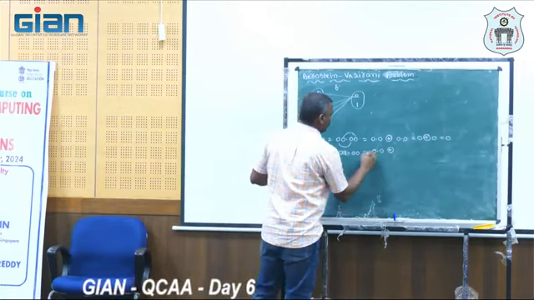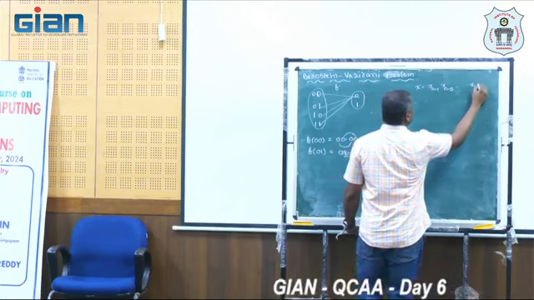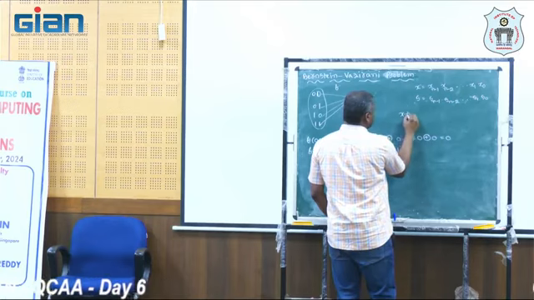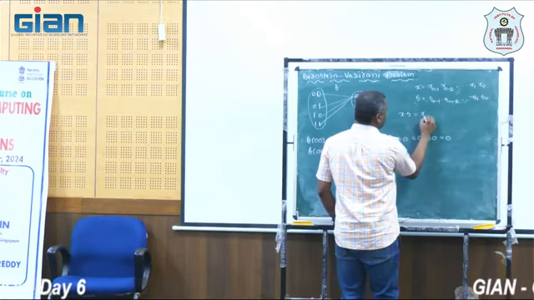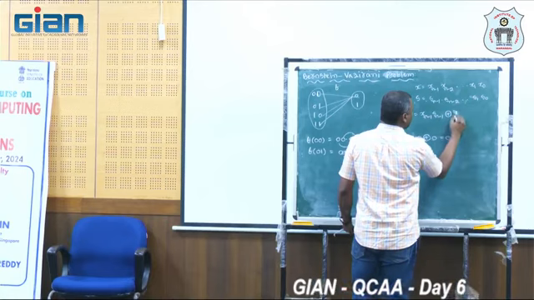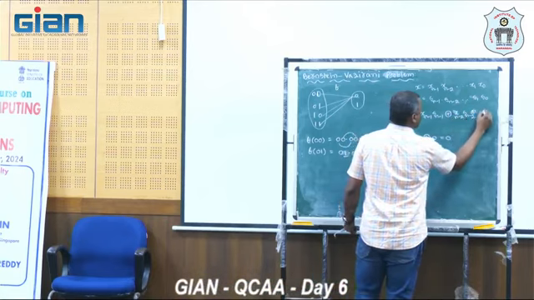X is x(n-1), x(n-2), and so on, x1, x0, an n-bit string. S is s(n-1), s(n-2), and so on, s1, s0. Therefore, what is x dot s? It is x(n-1)s(n-1) XOR x(n-2)s(n-2) XOR and so on, XOR finally x0 s0.